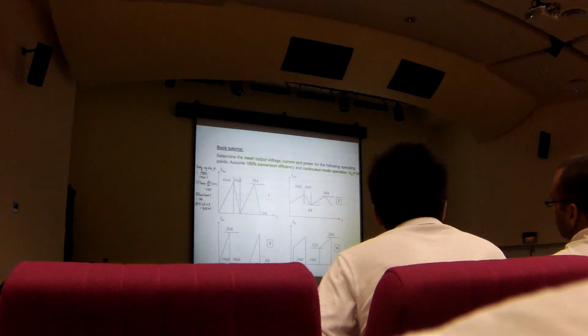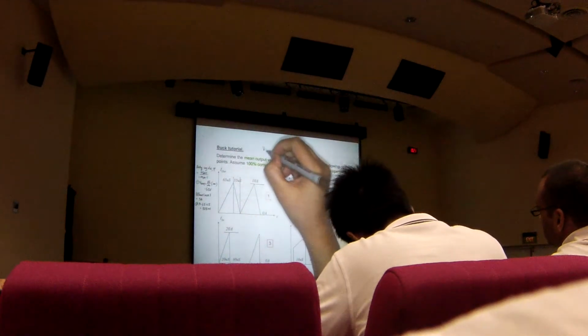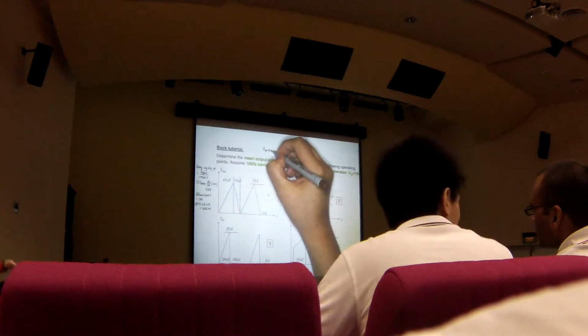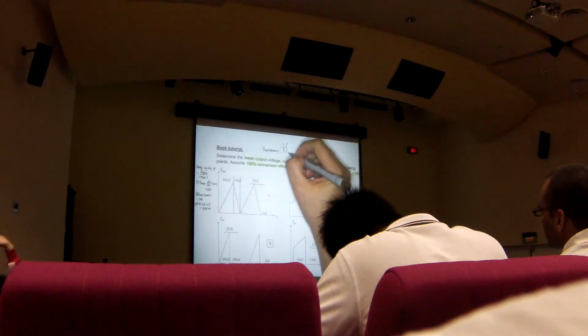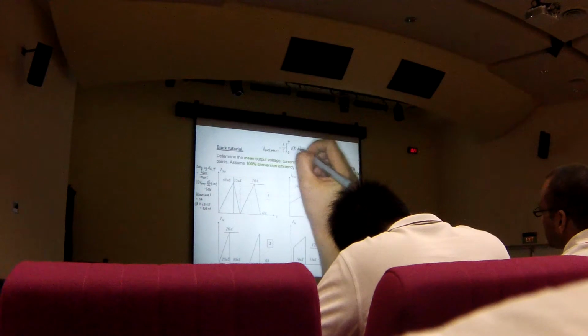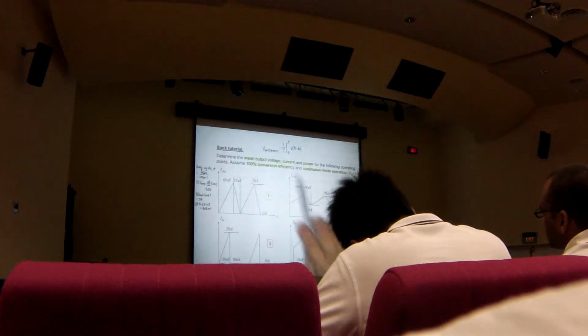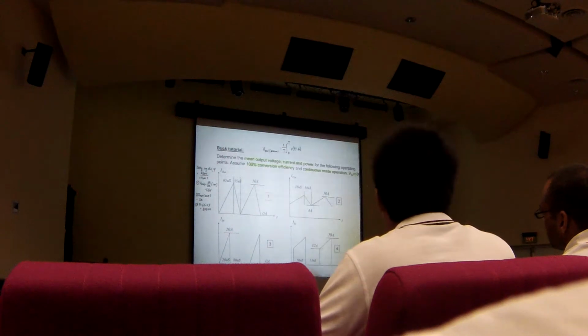It's 1 over T, integrate 0 to T, v(t) dt for your voltage. And for your current, you do the same, and then you multiply them to get power.